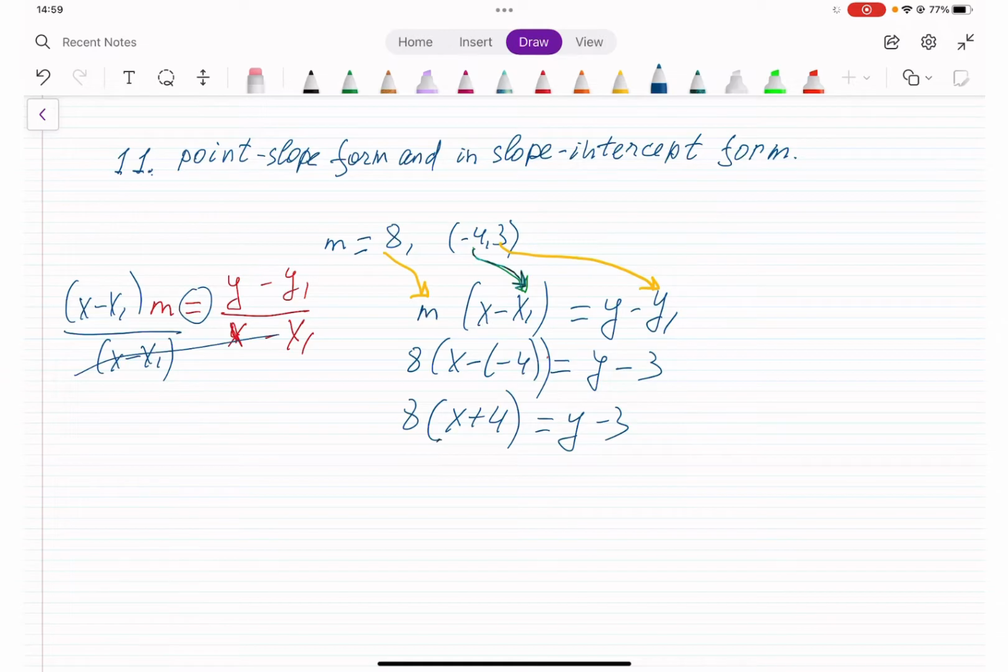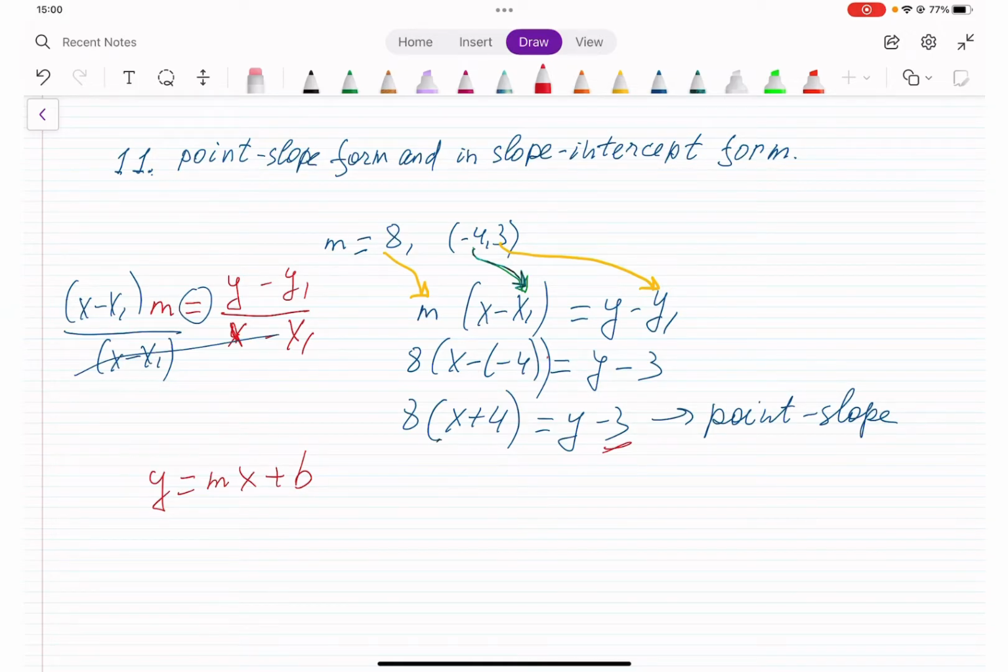So from here, that's our point slope form. Point slope form. Now let's write it in the slope intercept form. Slope intercept form looks like y is equal to mx plus b. b is the free term. Let's say in this case b is equal to -3. So I need to rewrite.